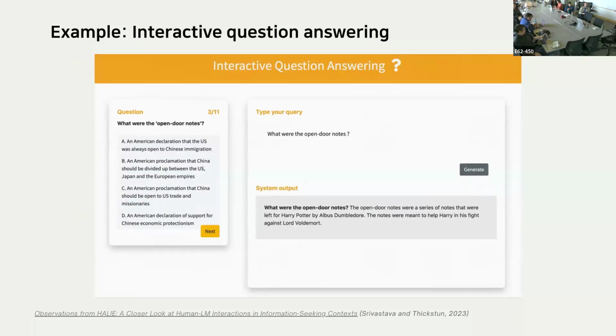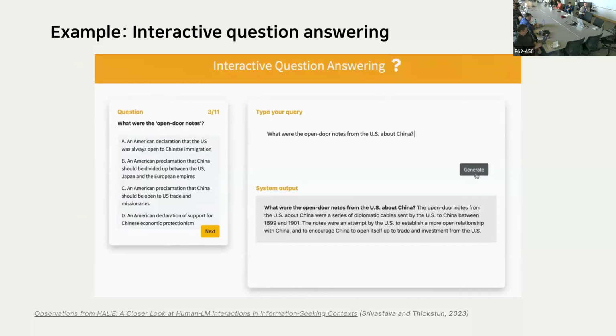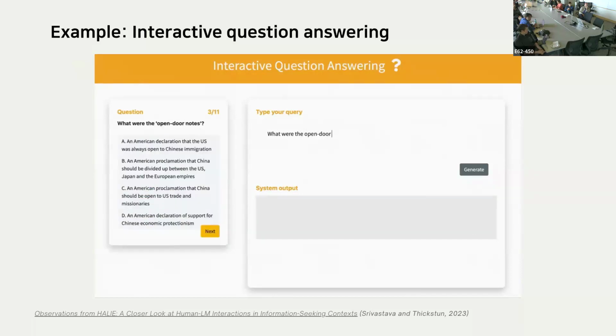We do see a lot of variation. Some people would just type keywords. Some people would copy and paste the question. Some people will actually formulate it so that the model will complete the sentence. Because again, some of these models are not instruction tuned.